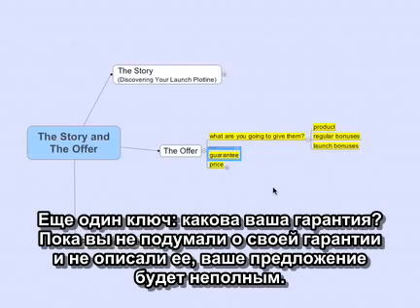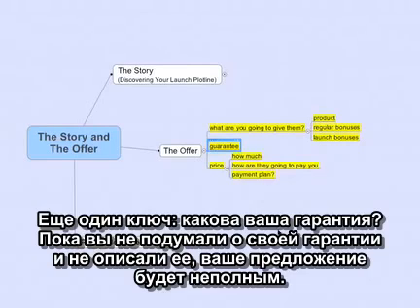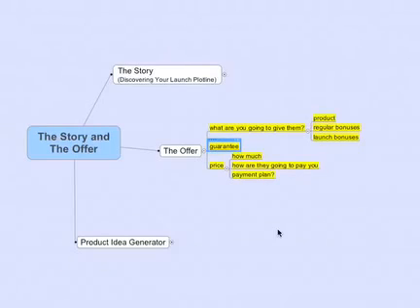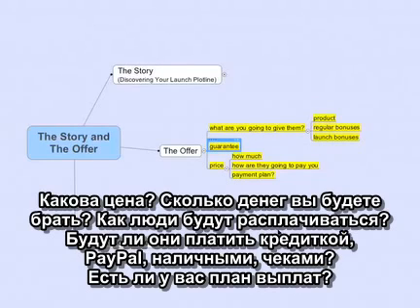Then the other key is, what's your guarantee? Unless you've thought about your guarantee and you've written it down and you have it nailed, you don't have your offer complete yet. And then what is the price? How much are you going to charge people? How are they going to pay you? Are they going to pay with credit cards, with PayPal, with cash, with checks?